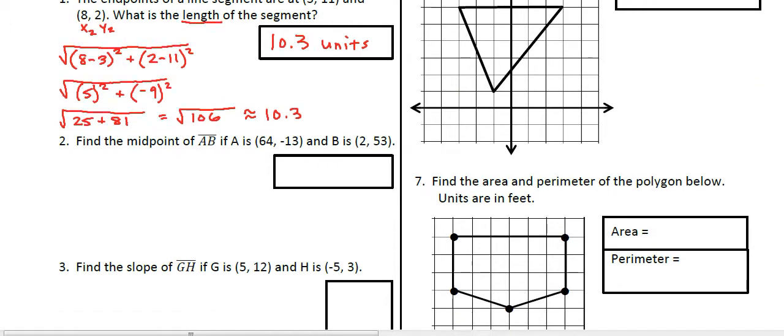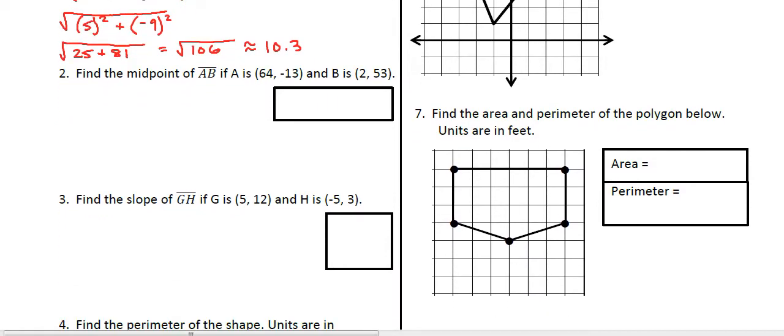Okay, question number 2. Find the midpoint of segment AB if A is at (64, -13), and B is at (2, 53). Now I could use the midpoint shortcut here, but I'm going to go ahead and just use the midpoint formula.